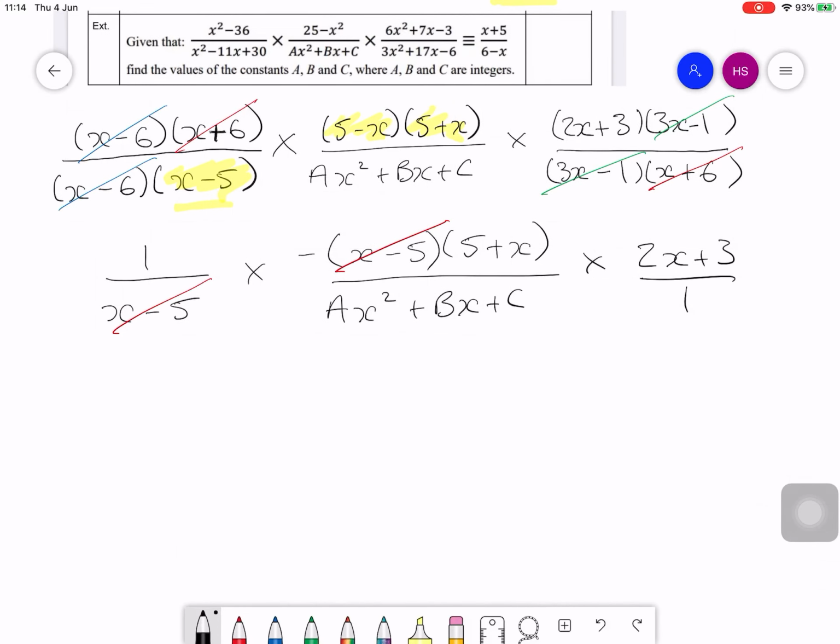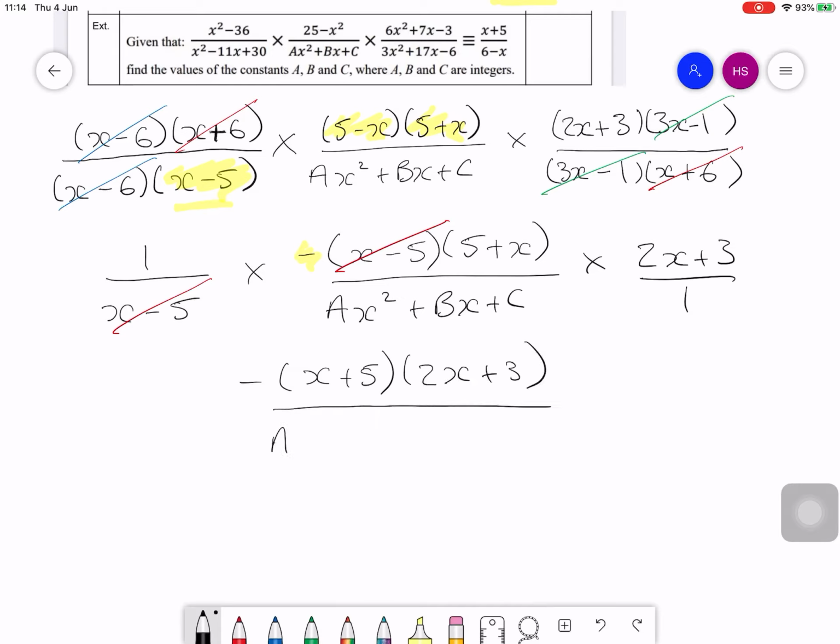So now I've just got to be careful I don't forget about that minus. So my numerator, I've got 1 times minus 5 plus x. I'm going to write that as x plus 5. It's not essential, but I think that's probably how we're more used to having our brackets written, multiplied by 2x plus 3.